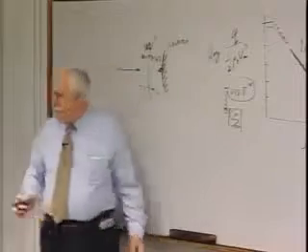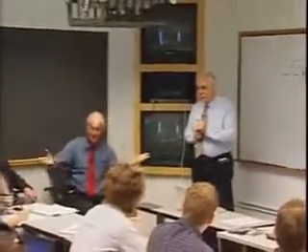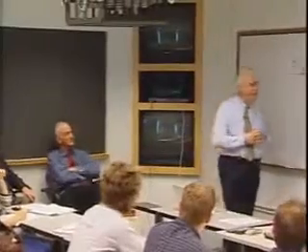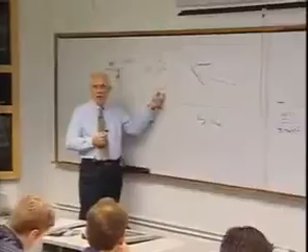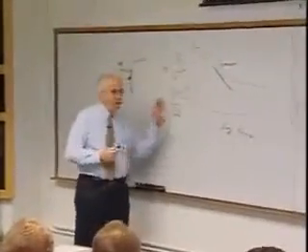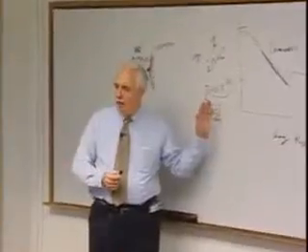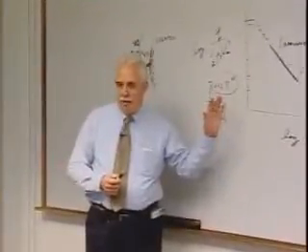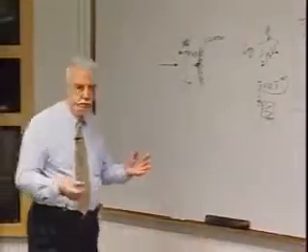Just to remind the class, what's the most efficient radiator? Black body. There you go. Thank you. High emissivity, black body radiation. Get rid of all that energy before it ever has to diffuse through the tile or through the ablator to get to the structure. That's fundamentally what we use to protect the vehicle.